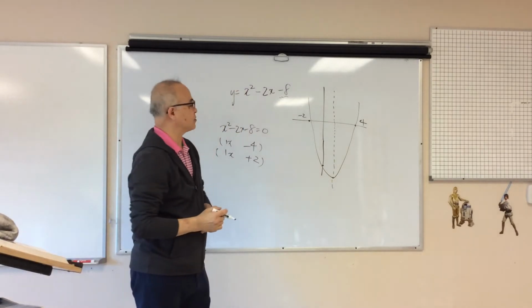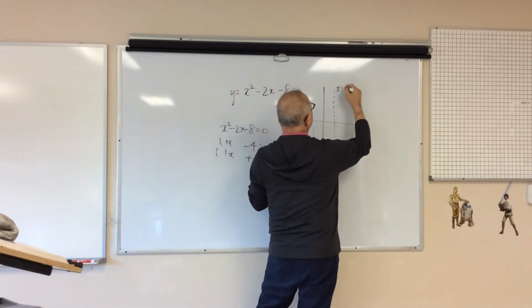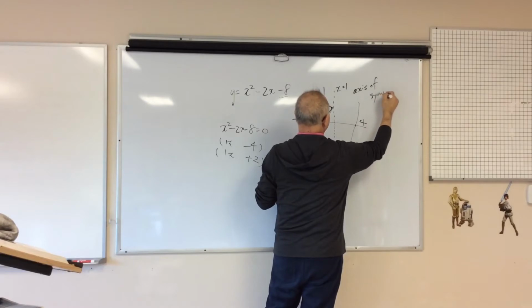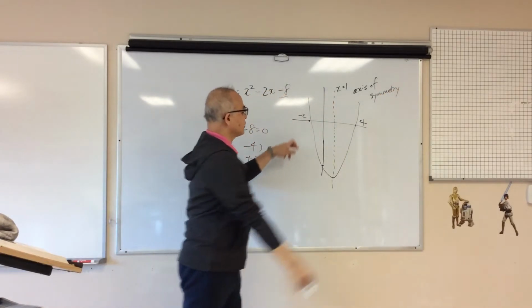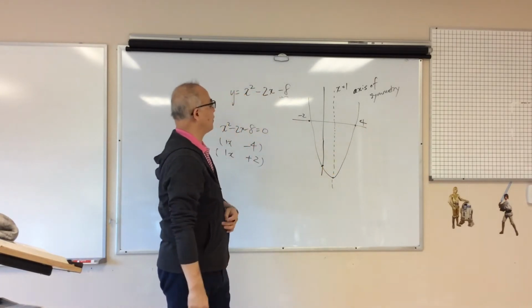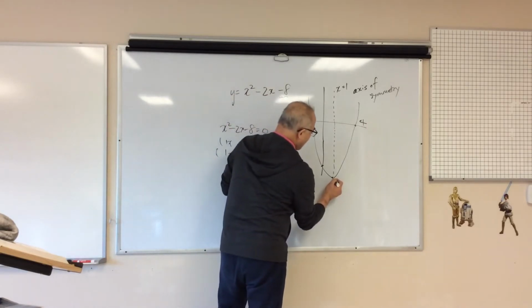Okay, this is what parabolas look like. This is what we call the axis of symmetry. These are the solutions, the y-intercept. We all know this, we've done this before. So where is this point?